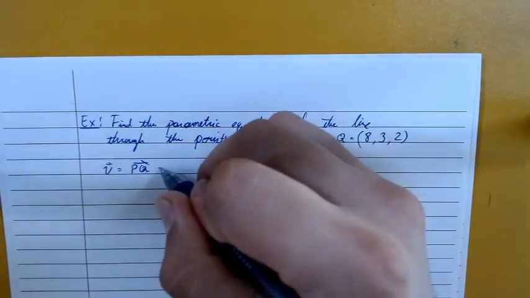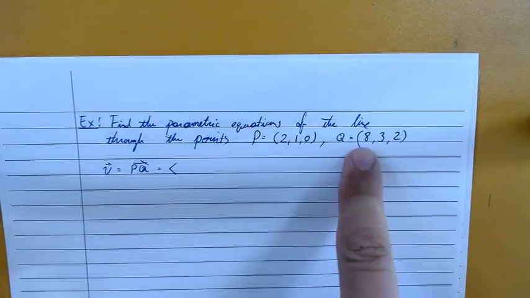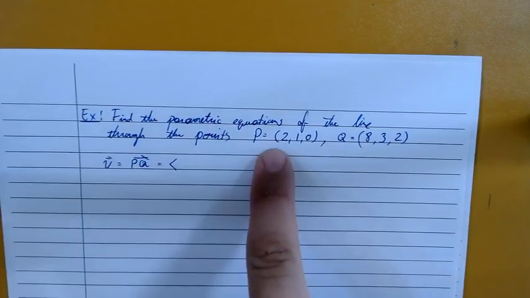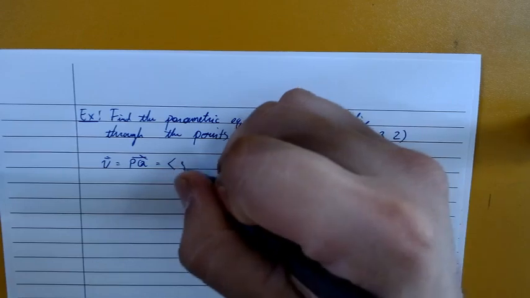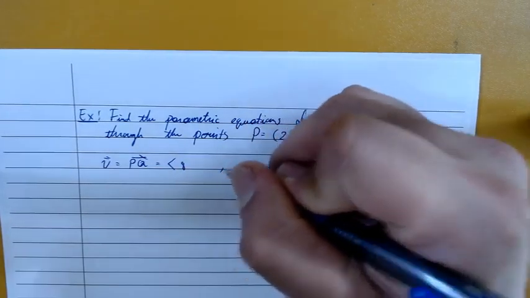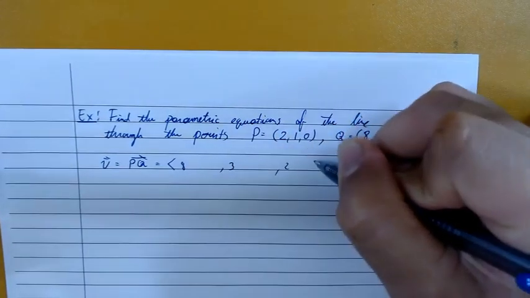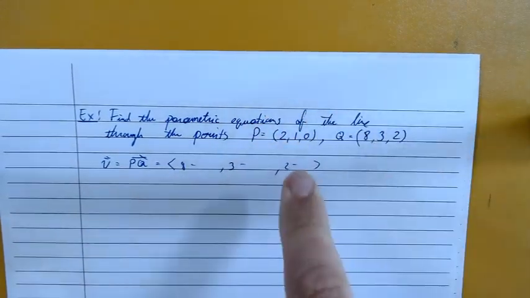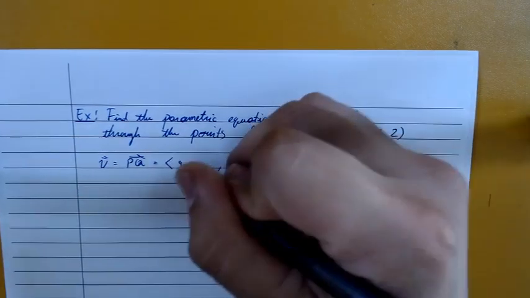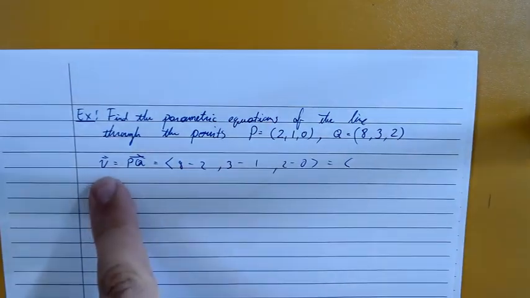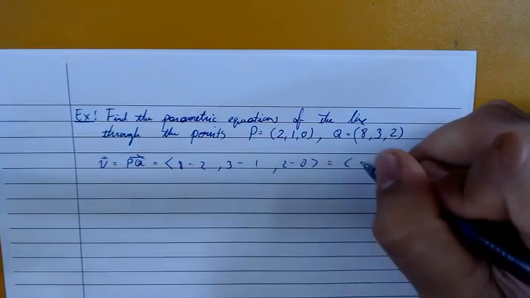So we're going to take our destination minus our initial point. Let me write these first. 8, 3, 2, and then we're subtracting away the components of the initial point, 2, 1, 0. And so that means that the direction vector is 6, 2, 2.